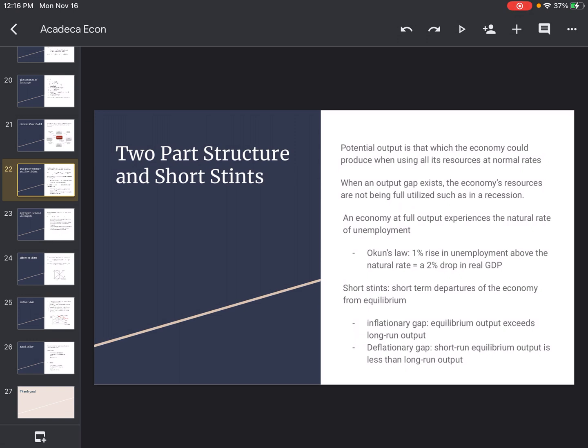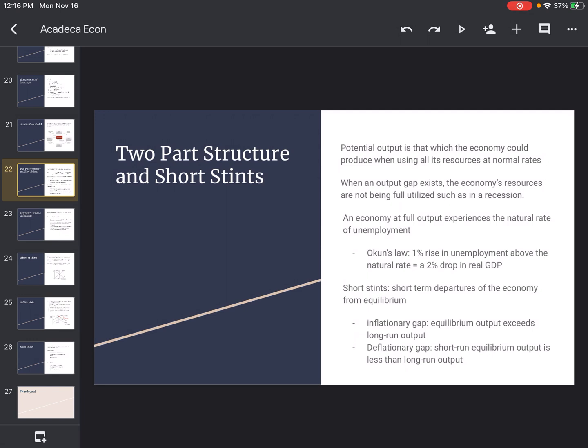And there are two different forms of these, and they can be looked at as short-run equilibriums. An inflationary gap is when the short-run equilibrium output exceeds the long-run output. This can also be seen as the economy overheating because it's doing too much.